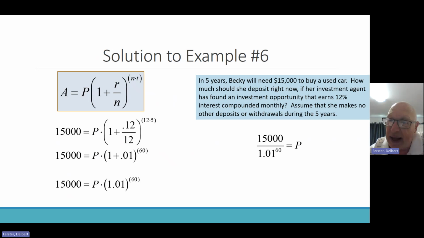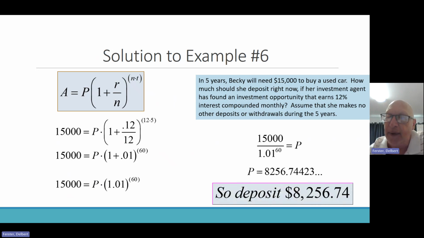It's calculator gymnastics from here. Fire it up: 15,000 divided by 1.01 caret 60. You find that had she started by investing $8,256.74, this investment opportunity after 5 years would have grown that initial investment to a total of $15,000.